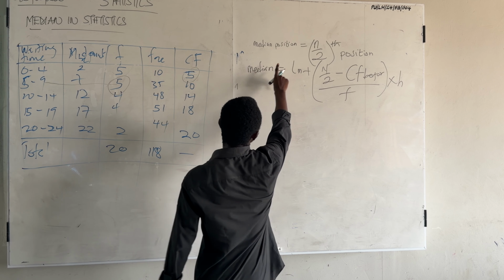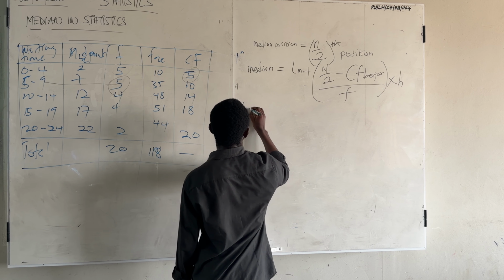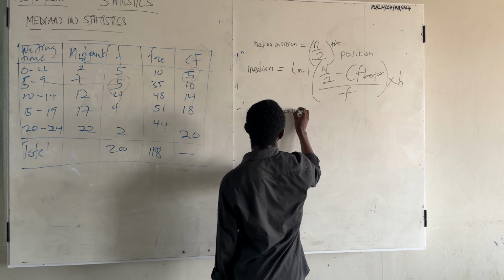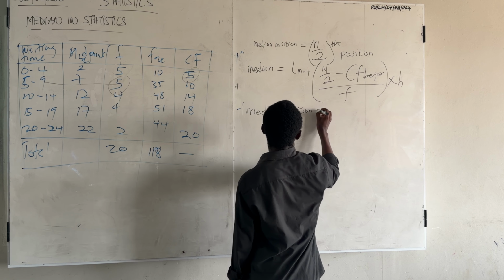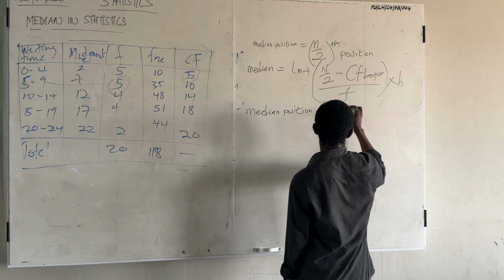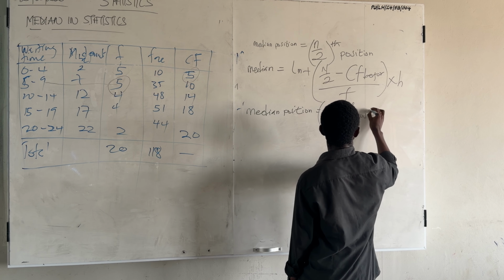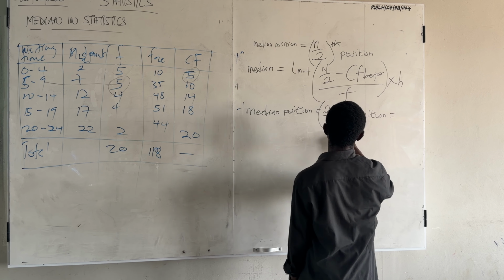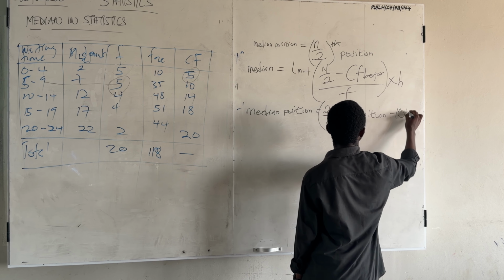So let's start with the analysis. The first one is the median position. So our median position is going to be 20 over 2 position. It is going to give us 10th position.